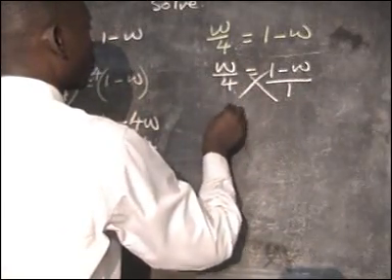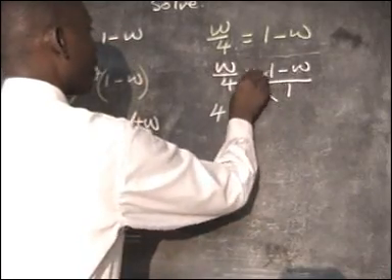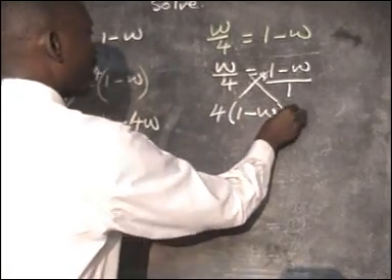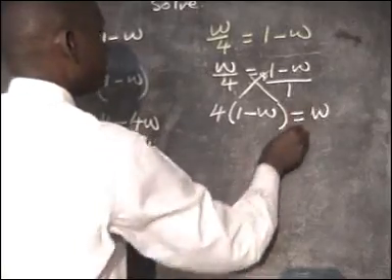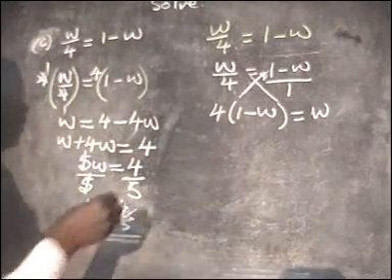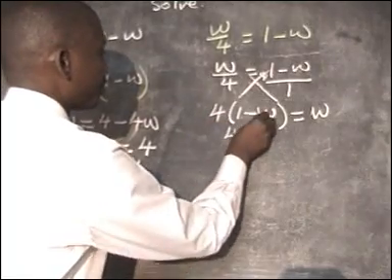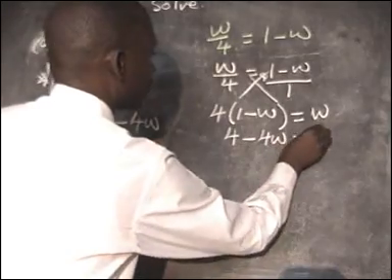So this is 4 to be multiplied by 1 minus W, equals 1 multiplied by W, and I get a W like that. Then 4 multiplied by 1 is 4, 4 multiplied by negative W is negative 4W, and this is equal to W.